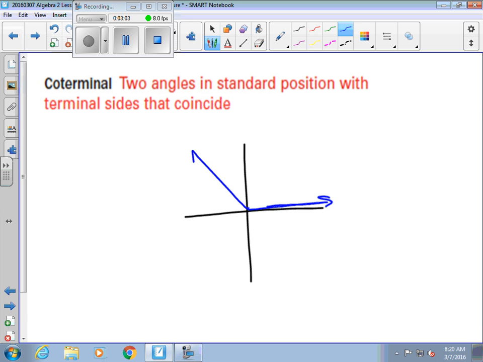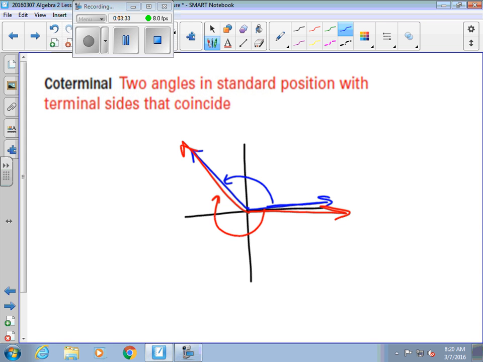This angle looks like this, and this angle starts in the same position, but it goes like this. Let's say it rotates this way. Those are coterminal, the blue one and the red one, because they both start in standard position. The blue one opens up counterclockwise. The red one opens up clockwise, but they have their terminal side in the same position.